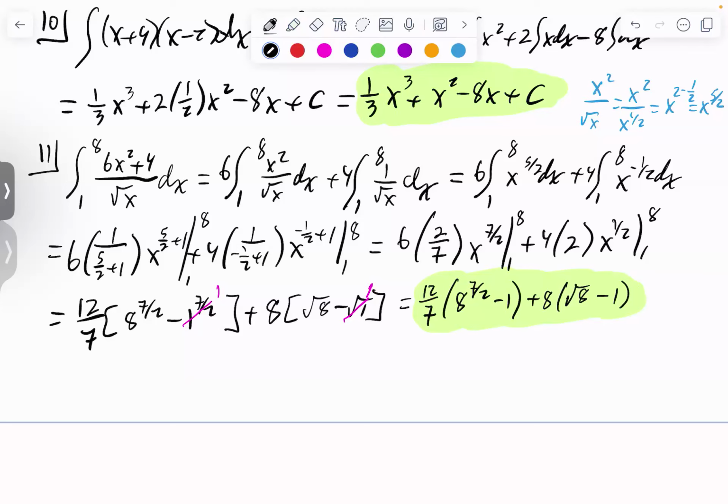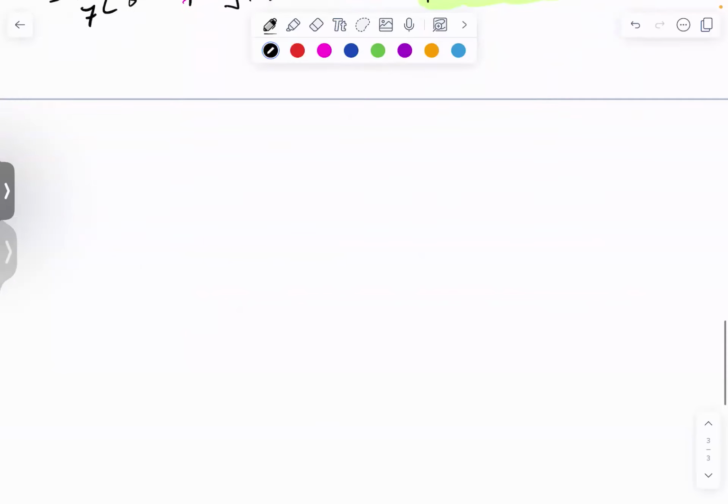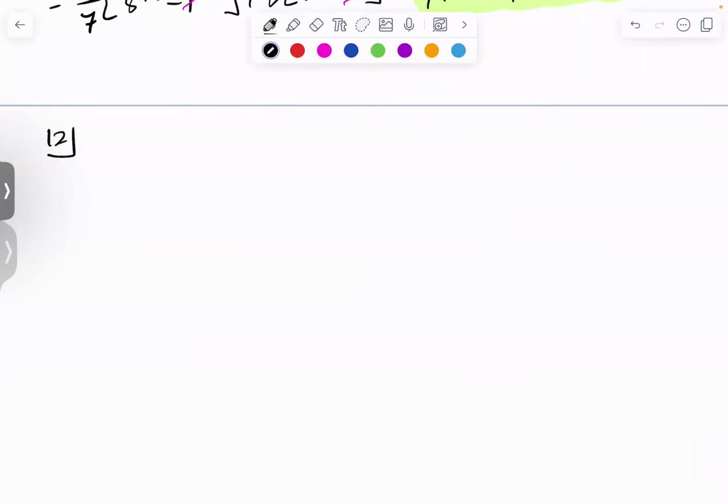All right, and we are to our word problem. Yay. Number 12. It says the traffic flow rate, cars per hour, across an intersection is R of t equals 200 plus 700 t minus 150 t squared, where t is in hours, and at 6 a.m. t is 0.